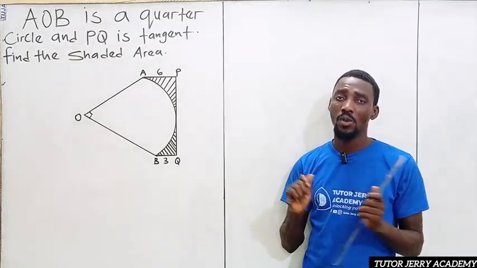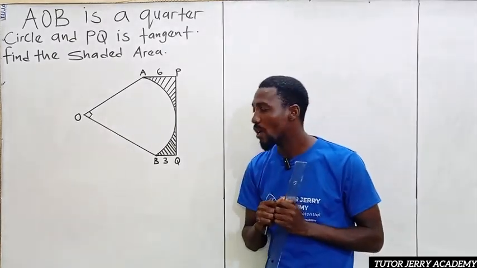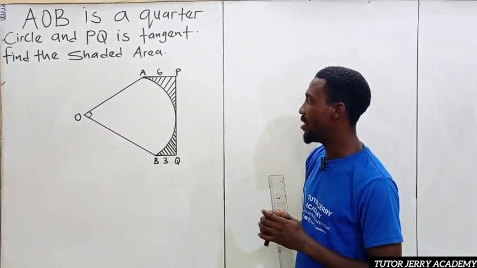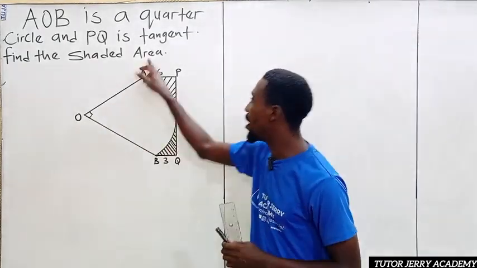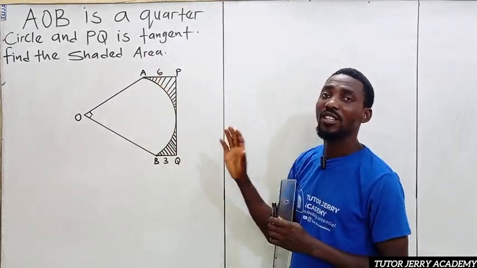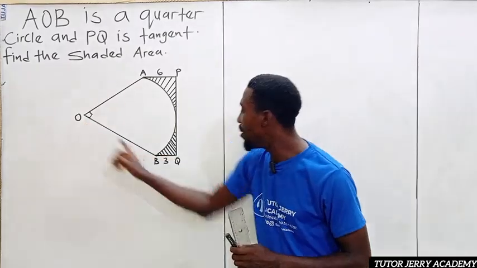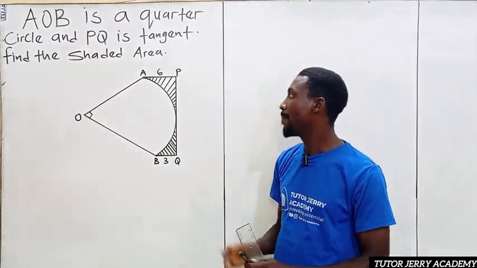So how do we go about solving this question? The first thing to note is that line OA is nothing but a radius, and line OB is also a radius.